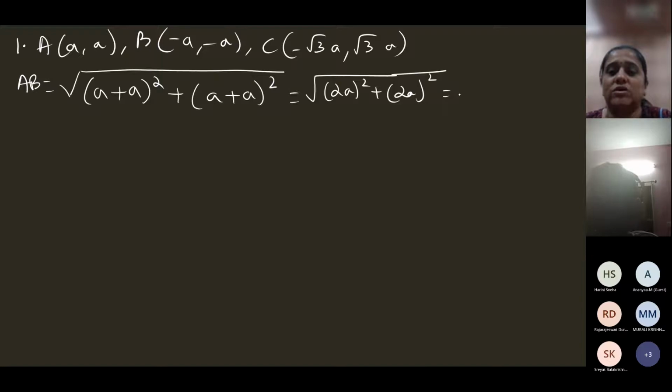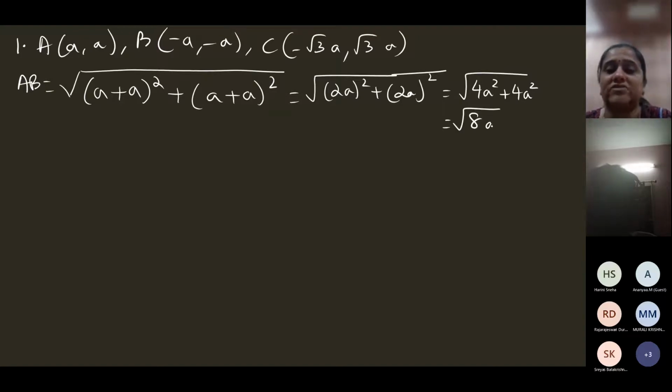That is equal to square root of 2A the whole square means 2A into 2A, which is 4A square. 4A square plus 4A square is 4 plus 4, 8A square.